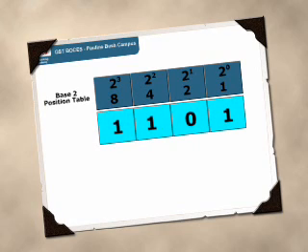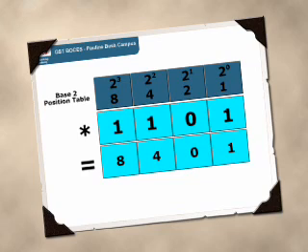If we multiply the position values by the number in the positions, we get the following values: 8, 4, 0, and 1. This is shown on the image and will be referred to as multiply down from now on. To obtain the value of the number, we then add all the position values together and obtain the value 13. This will be referred to as adding across from now on.